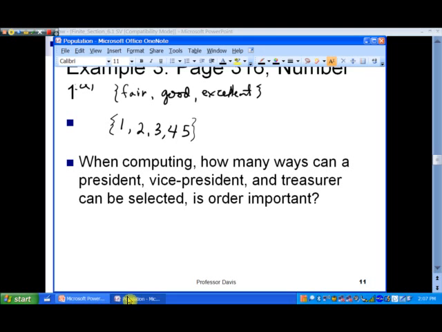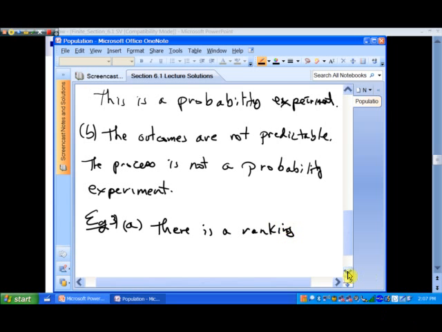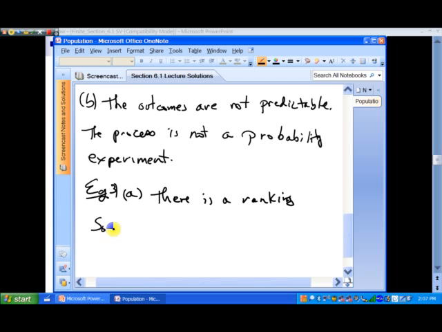So notice in example 3, part A, there is a ranking. That would be the president, the vice president, the treasurer, and so on. So order is important.